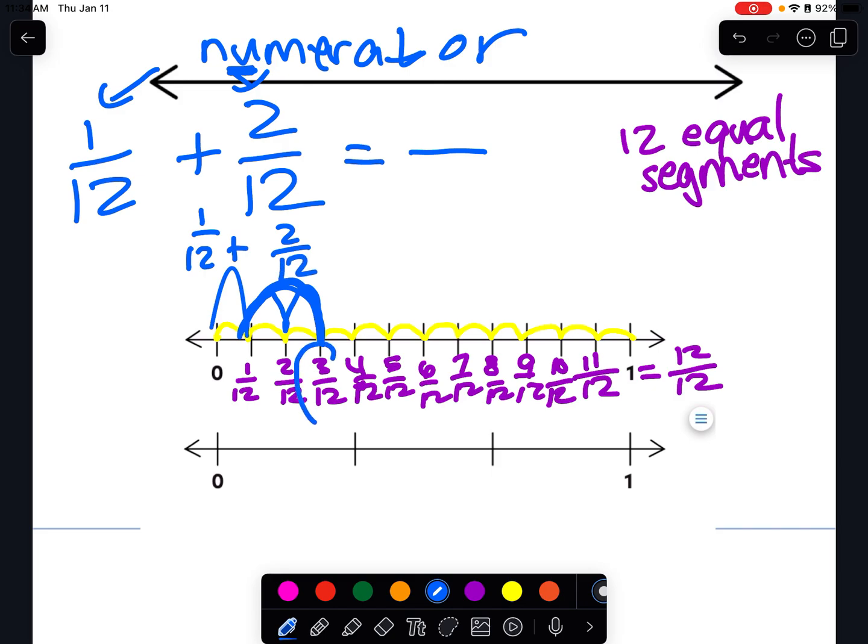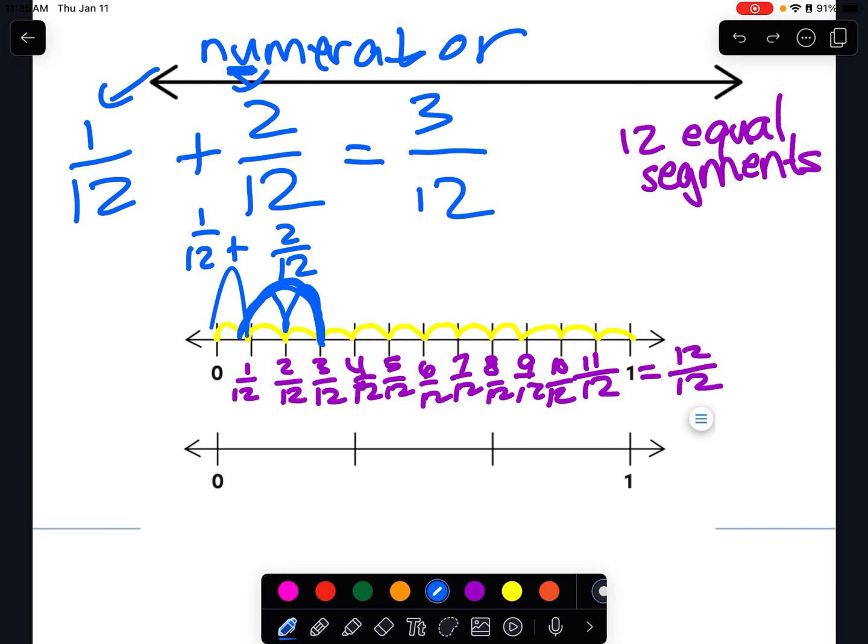And where did we land? We landed on 3/12. Now, what do you notice here? The denominators stayed the same, but the numerator equals the sum of the numerators. 1 plus 2 equals 3.